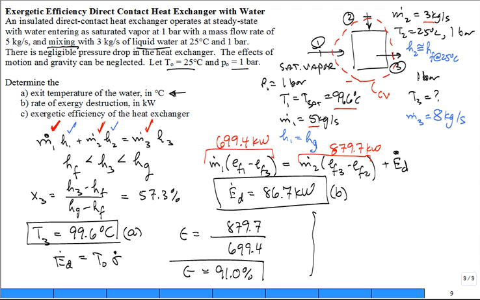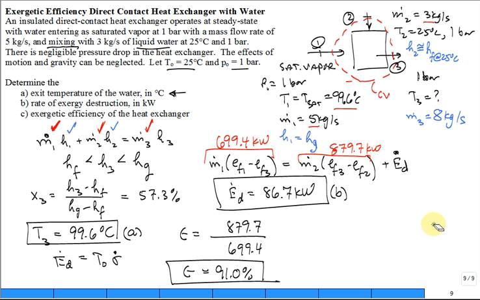True? There's one other way to calculate the exergetic efficiency, and it uses the exergy destruction, but just calculate it this one way is good. All right, we got 4 minutes.